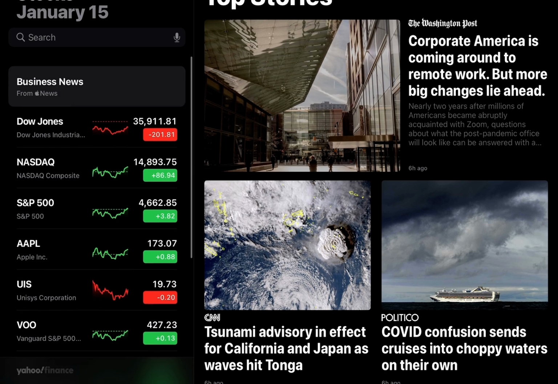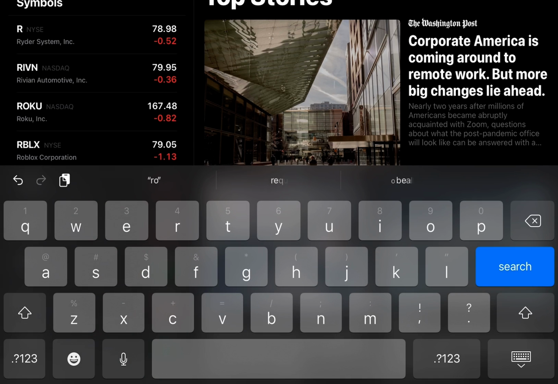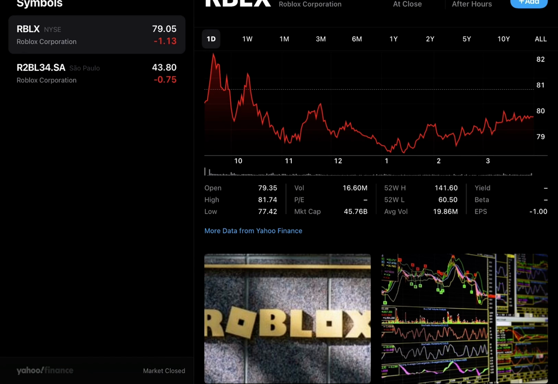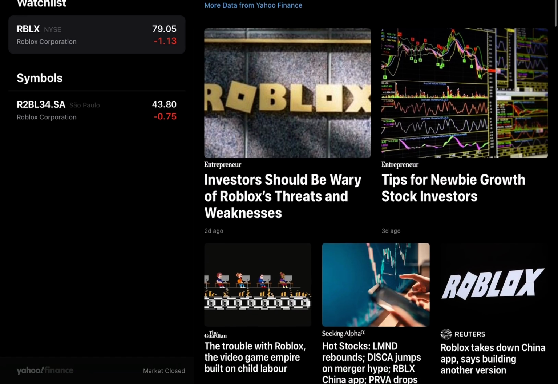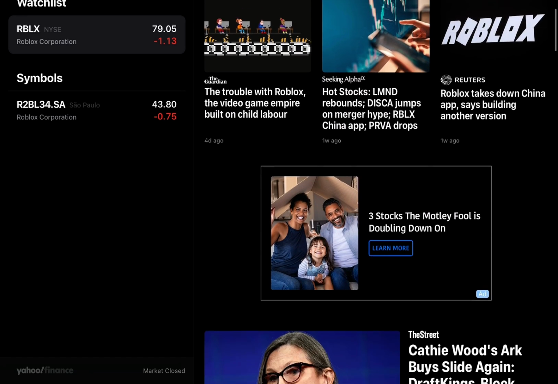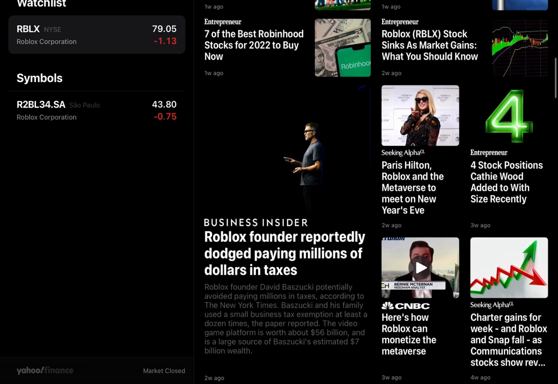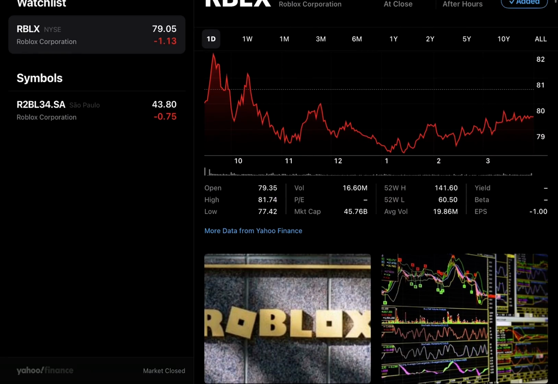Nope, I don't. There's Roblox and something else. Roblox. Okay. And then when you look at the news concerning Roblox, let me go ahead and add it to my watch list. Usually if I look at the news for Roblox, I can remember what the other company was. Matterport.